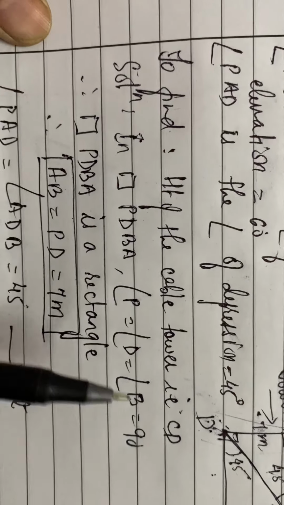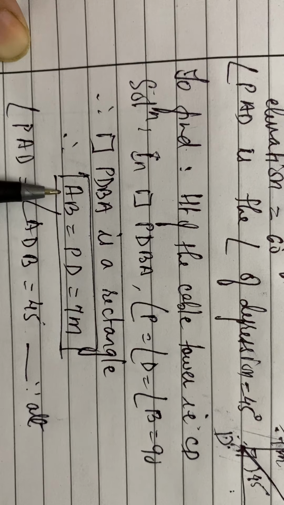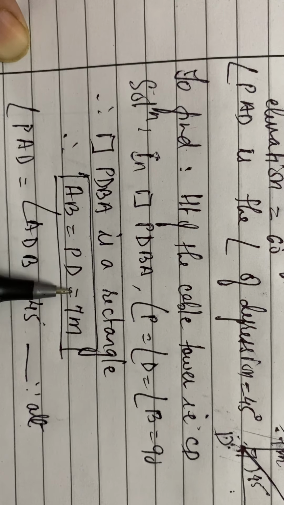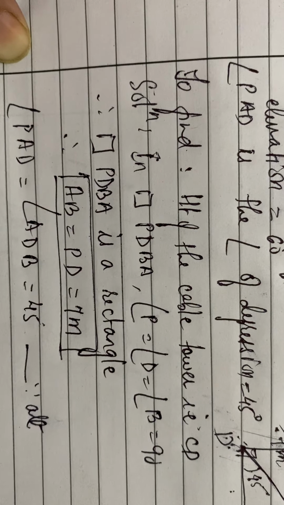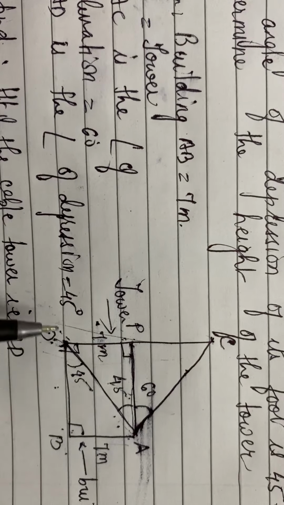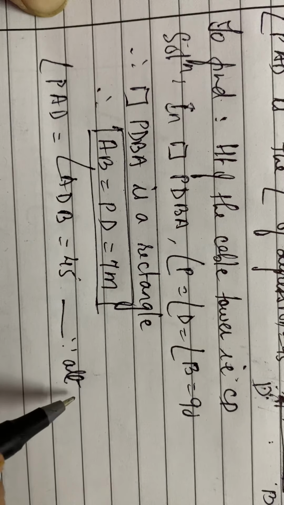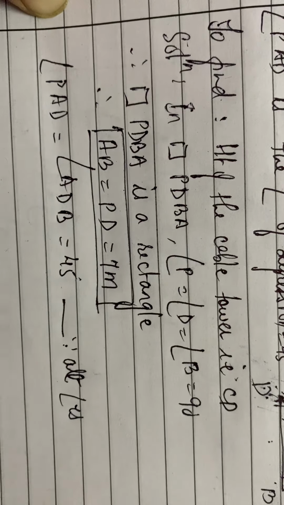We consider the quadrilateral. As I told you, it is a rectangle. If it is a rectangle, then AB will be equal to PD is equal to 7. Now this angle PAD is equal to ADB. They are 45 each because they are alternate angles.